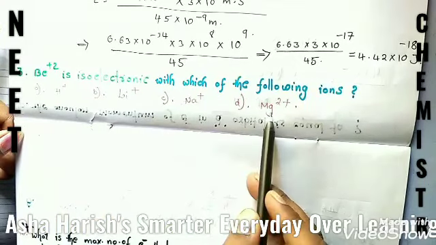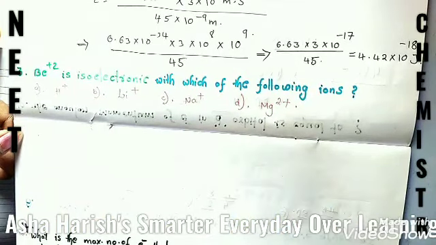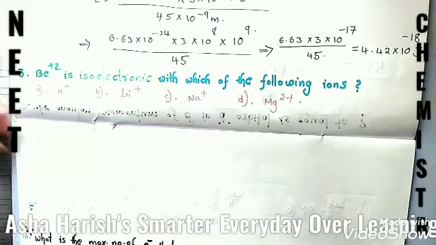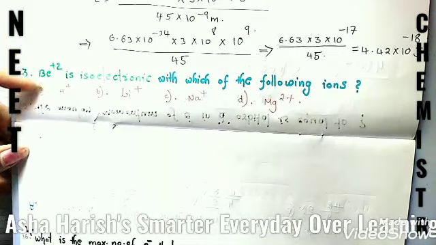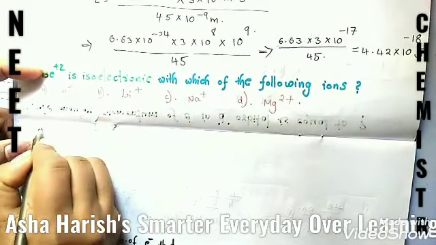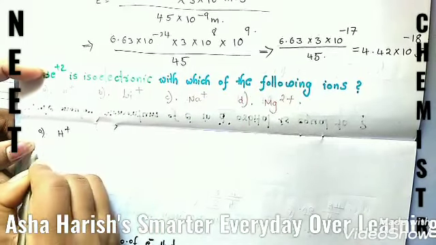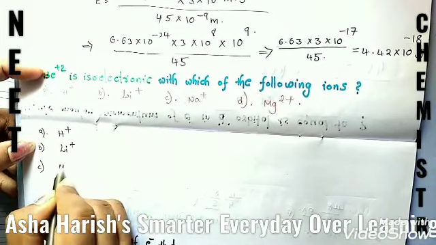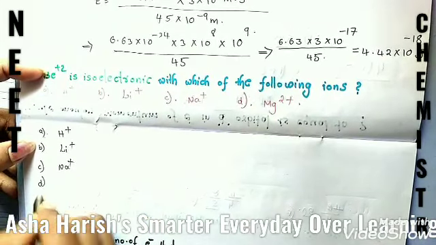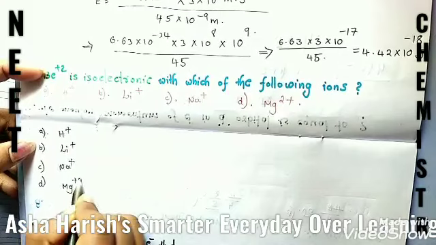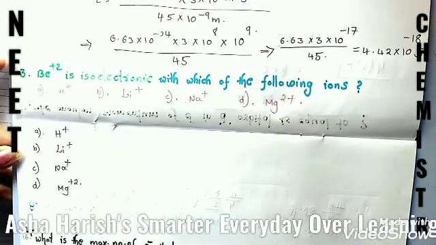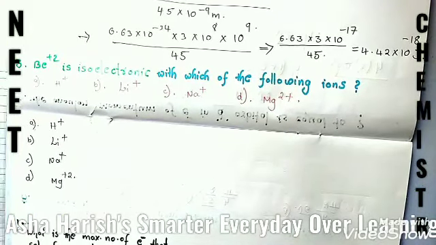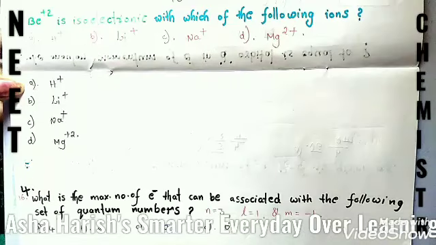For these options, we need to calculate all the electrons. From the start, option A, H+ ion, B, Li+, C, Na+ ion, and D, Mg2+ ion. And for this, we need to calculate the total number of electrons present.